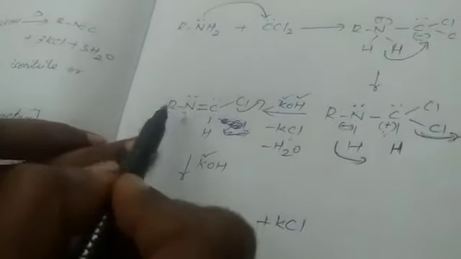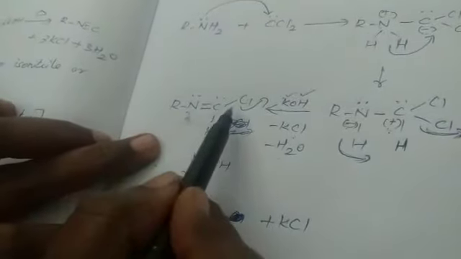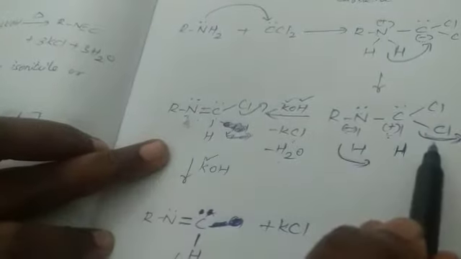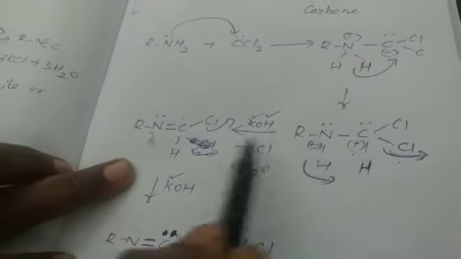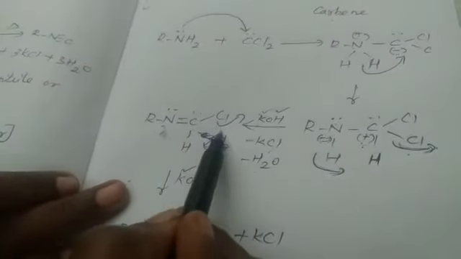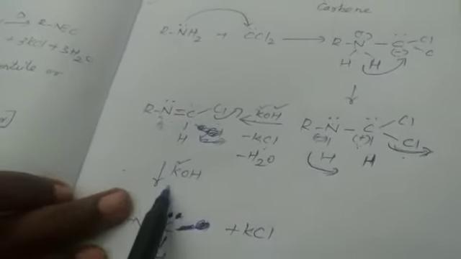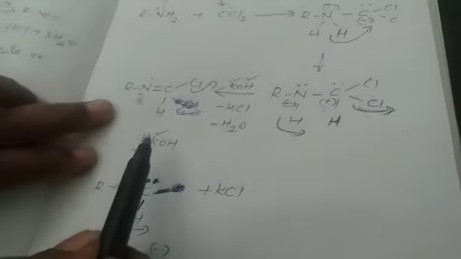Now in this compound we will have R N double bond CH and only one chlorine atom, because one chlorine atom is removed as KCl here. So in this compound we are having only one chlorine atom. Again the third KOH molecule gets reacted with this compound. How? Again the same reaction.